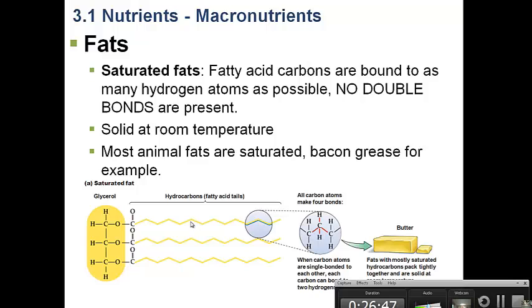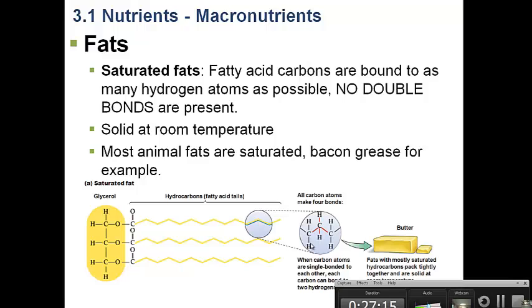The term saturated means, as you can see in this little inset that I'm pointing to, that every space for a hydrogen atom on this fatty acid tail is filled. There are as many hydrogen atoms present as there possibly can be. As a result of this, these molecules are fairly straight. As I mentioned previously, there are no kinks or twists in these tails.